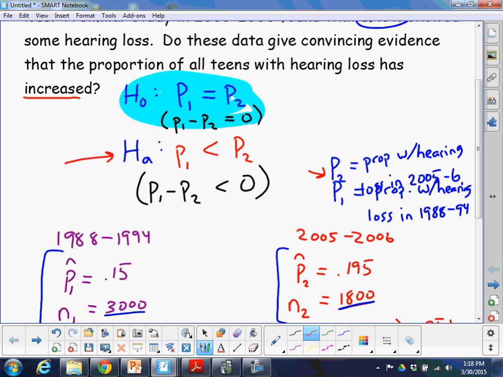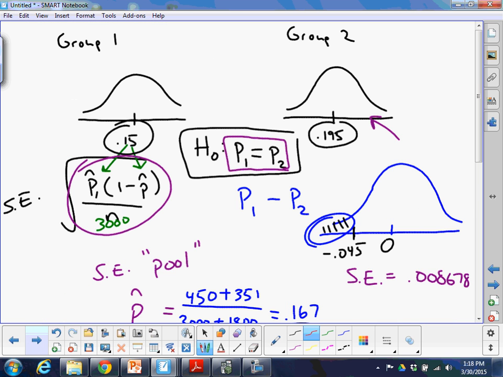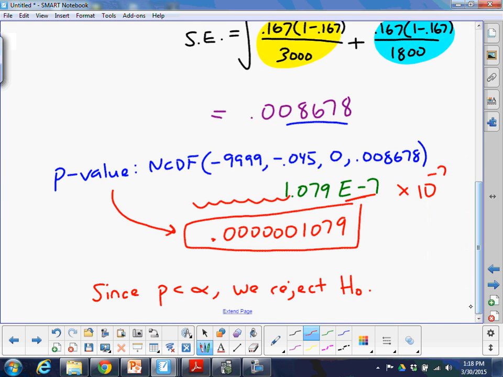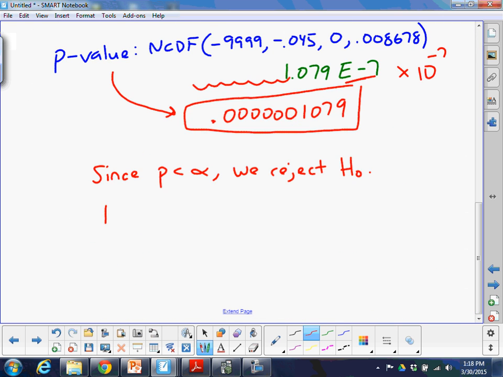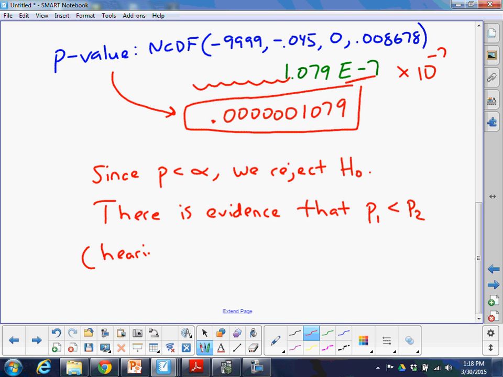Based on this data, there is evidence, and this is the big part of the conclusion too. Since we defined P1 and P2 earlier, we can just write it like this: that P1 is less than P2. Or it might be safe just to say hearing loss has increased.